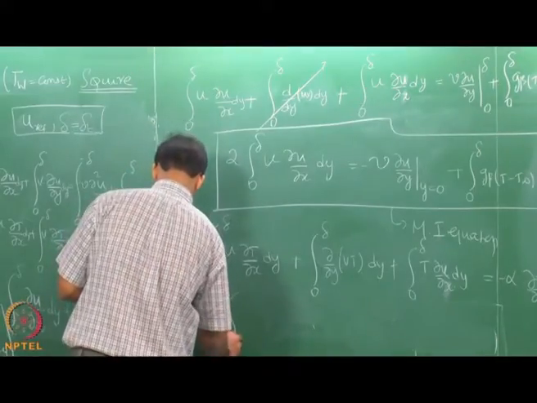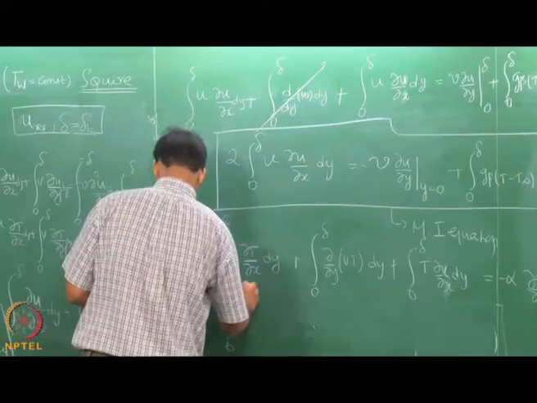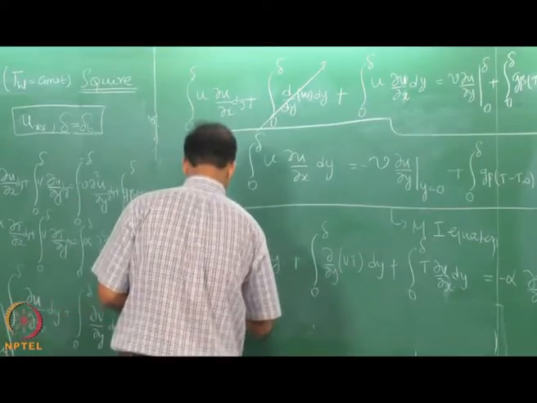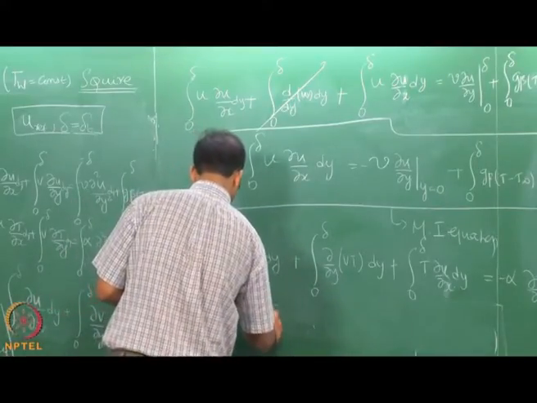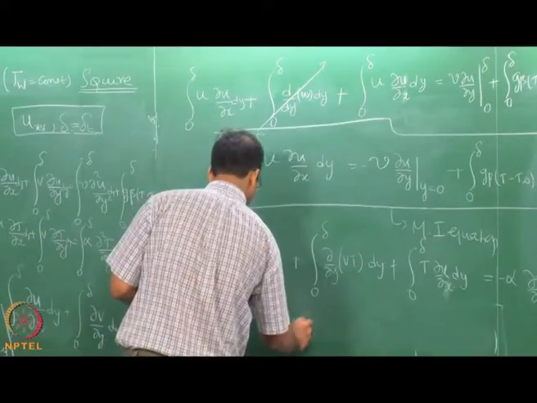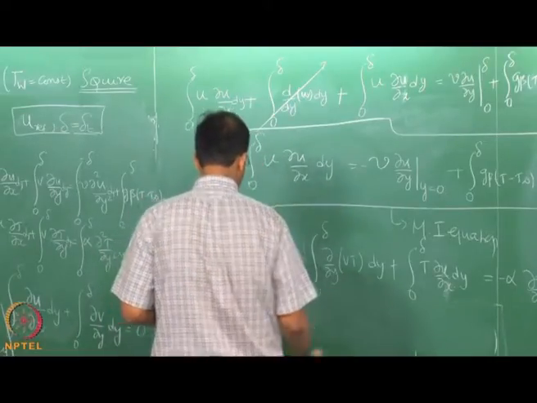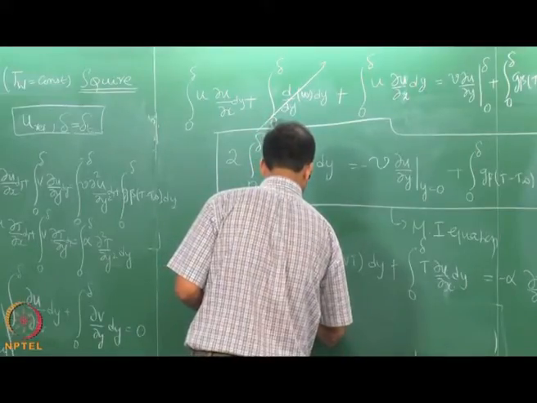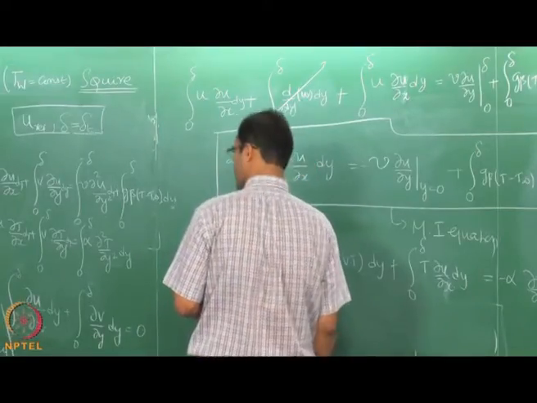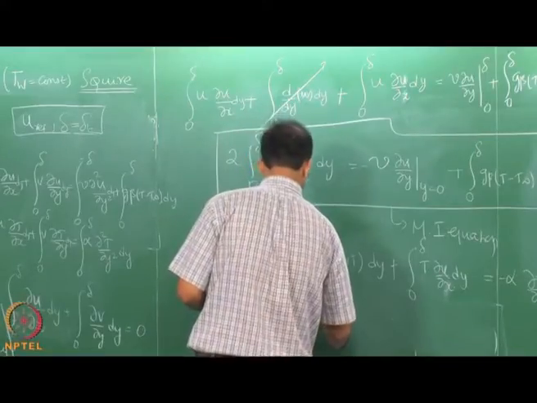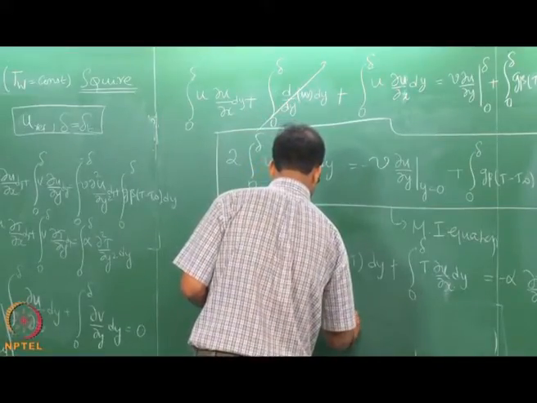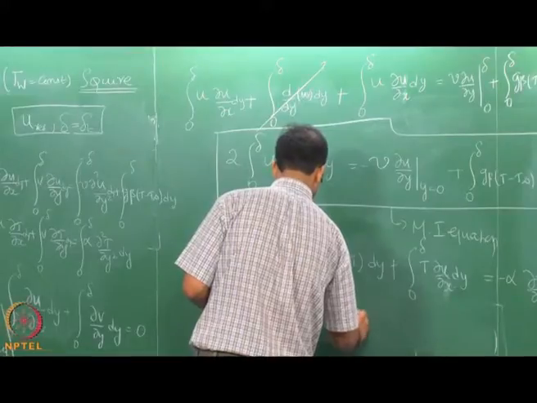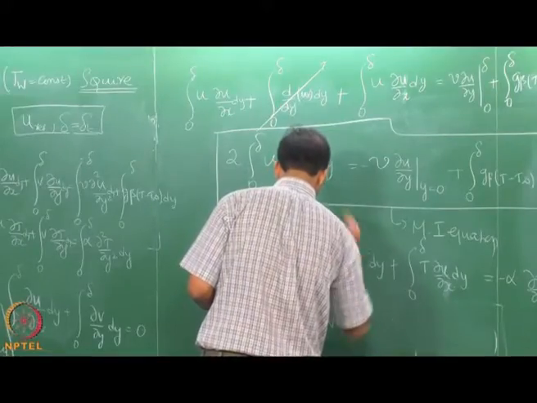So, you have integral 0 to delta u dt by dx dy plus v at delta times t infinity. Okay.